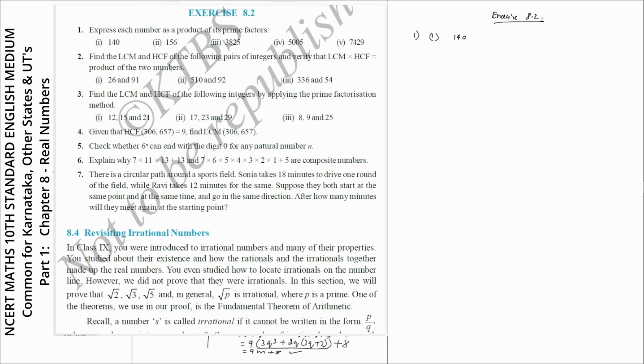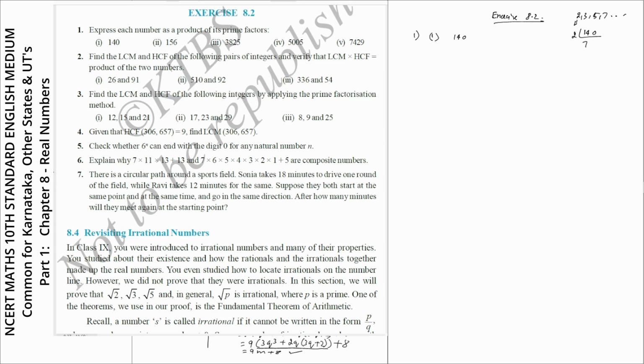So here 140 is a composite number. We should express it as a product of prime numbers. So 140 I should factorize. Prime numbers are 2, 3, 5, 7 and so on. First I will go for the lowest prime number. Now 140 is divisible by 2.